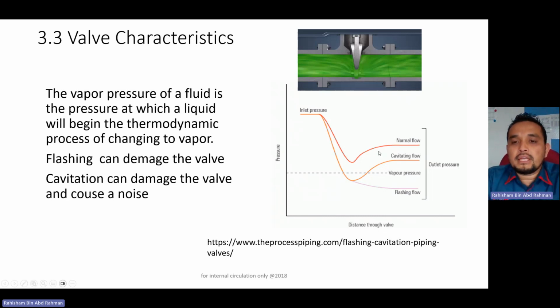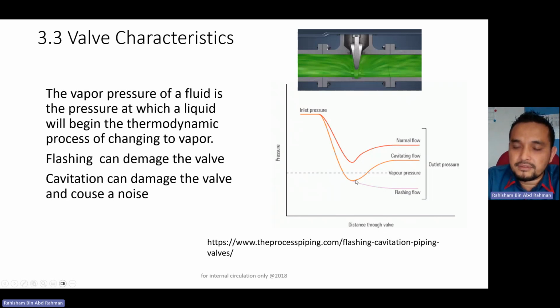There is also a scenario in which the pressure drops down below the vapor pressure. In this case, at this point, it starts to go down below the vapor pressure, and then it regains pressure, increasing a bit, but it increases above the vapor pressure, so it will become a fluid.